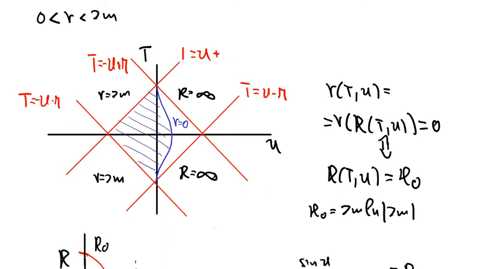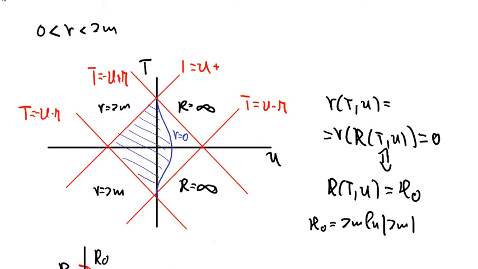So this compact region is the Penrose diagram in the case in which this condition is satisfied, and this defines the so-called interior region. You will see why next.